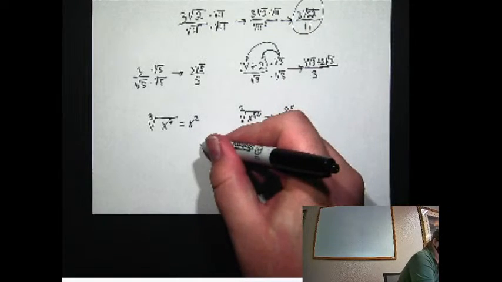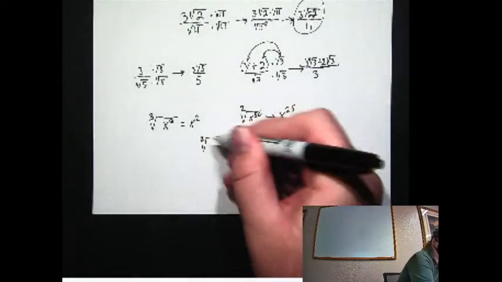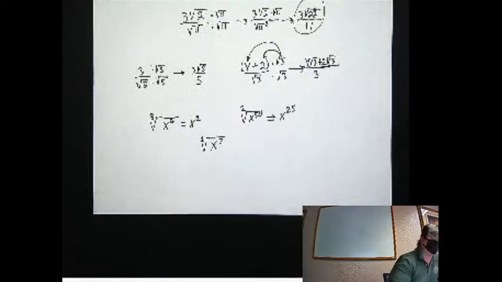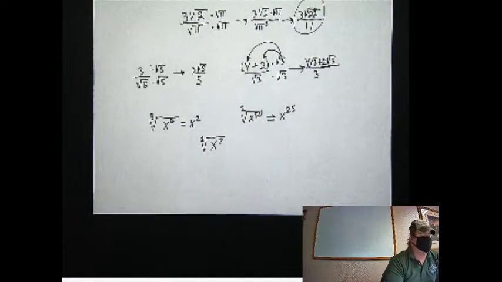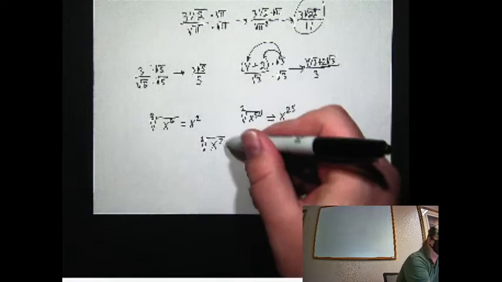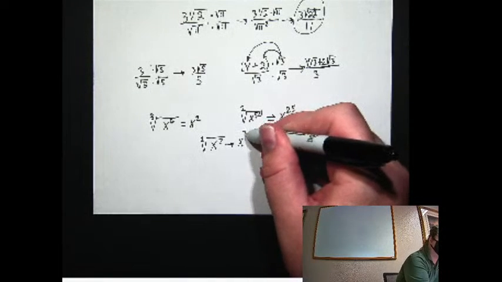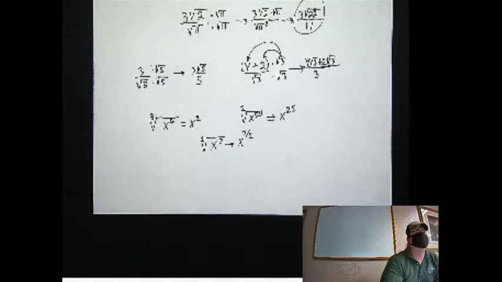So what if we have the square root of x to the 7th? Well, before what I said is, yeah, we divide. 7 divided by 2, we get x to the 7 over 2. However, we can actually go further.